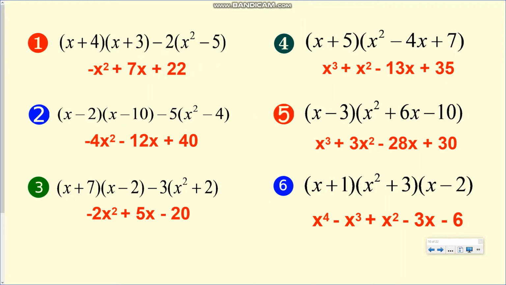For number 4, x cubed plus x squared minus 13x plus 35. For number 5, you should have x cubed plus 3x squared minus 28x plus 30. And then finally, for number 6, you should have x to the power of 4 minus x to the power of 3 plus x squared minus 3x minus 6.